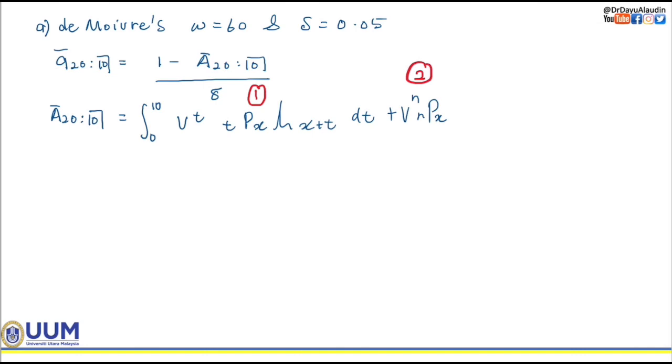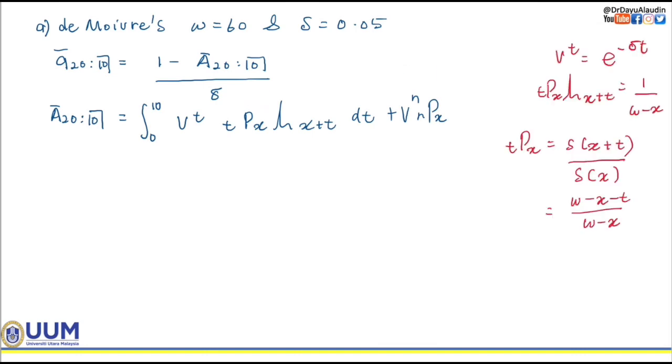For De Moivre's law, as I recall, v^t is e^(-delta t), and tpx mu x plus t is equal to 1 over omega minus x. To find npx, we can also use tpx, with t and n just the variable. For De Moivre's law, tpx is equal to omega minus x minus t over omega minus x, using the s(x). We covered this already in chapter 1.